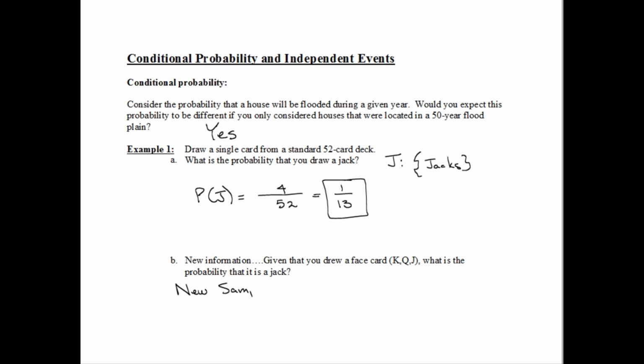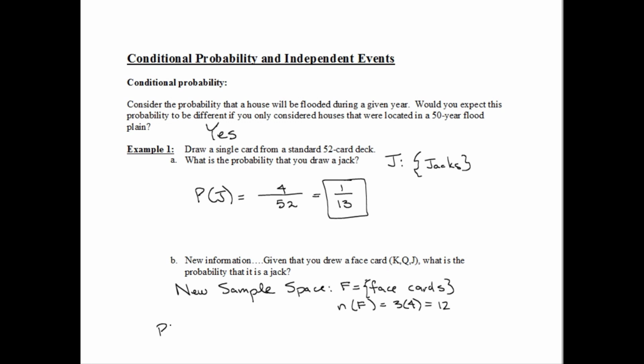Instead of all 52 cards, our sample space is now the set of all face cards, so that'll be the king, the queen, the jack of each suit. How many of these are there? Well, there's 3 in each suit times 4 suits, so 12. How many are jacks? 4.